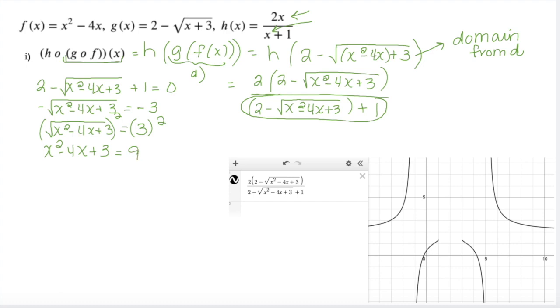If I wanted to go ahead and finish solving for this, we would need to subtract 9 to set it equal to 0. We're not able to factor, so we have to use the quadratic formula.